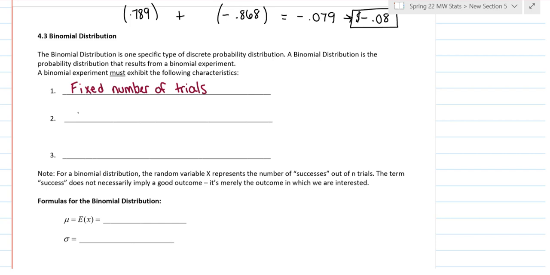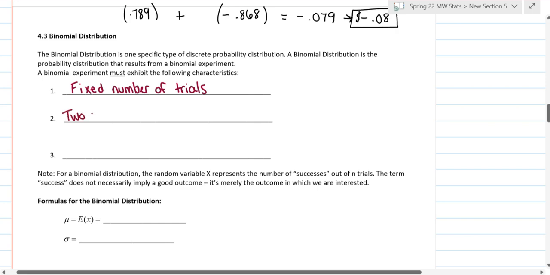The next one is there are only two outcomes that can happen. So two possible outcomes. So you're looking for something specific to happen, and in that case, those outcomes are going to be success or failure.